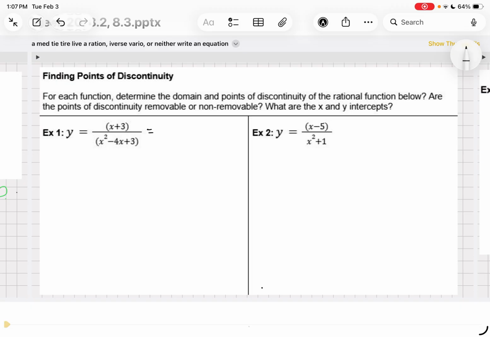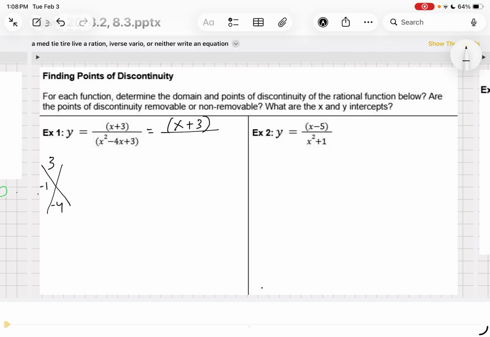If you think back to chapter 4 when we factored quadratics, we're going to be using some of those factoring techniques here. I can see that my denominator is a factorable expression, meaning there are values whose product is 3 and that add up to -4.